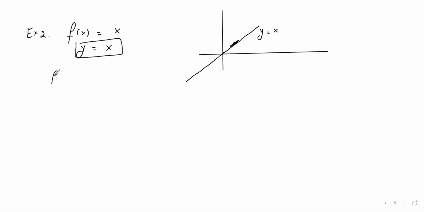So f prime of x is constant and is equal to 1. So when you have a function like this, f prime is equal to 1.